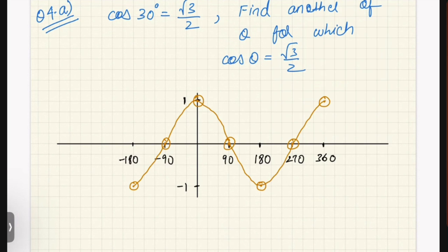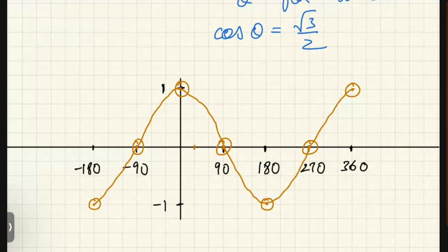Now they are saying cos 30 degrees is giving them root 3 by 2. So 30 degrees comes over here. This is your 30 degrees. So at 30 degrees, your value is root 3 by 2.